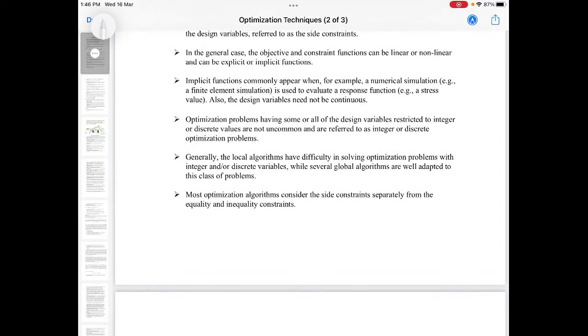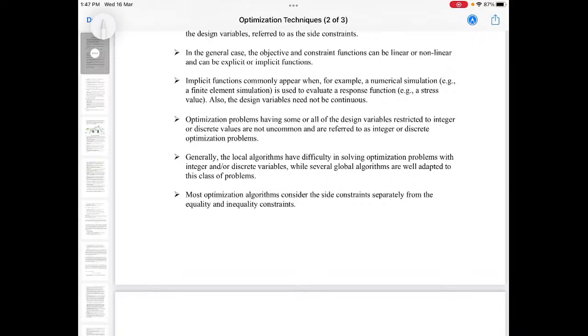We can quote an example: a numerical simulation, such as a finite element simulation, which is used to evaluate a response function, something like a stress value. Stress value is an example of a response function. Also, the design variables need not be continuous.